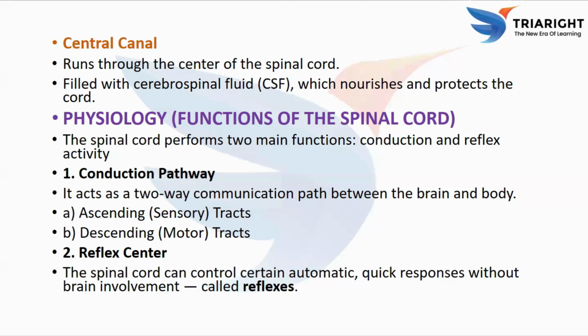So coming to the other function of the spinal cord, the reflex center. How does it perform as a reflex center? It can produce quick automatic responses which are called reflexes. These reflexes do not need brain involvement.